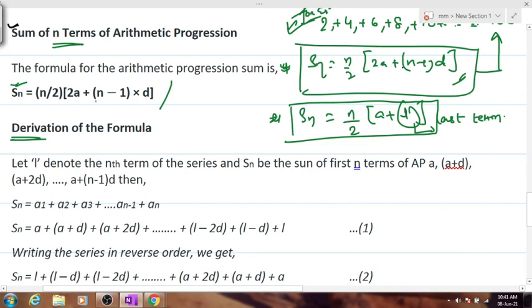Since you have to calculate the sum of the entire series, can we write Sn is equal to a1 plus a2 plus a3 up to a(n minus 1) plus an? Agree, yes or no? Don't write anything, just understand this.